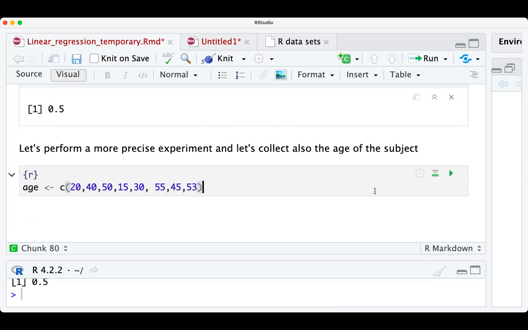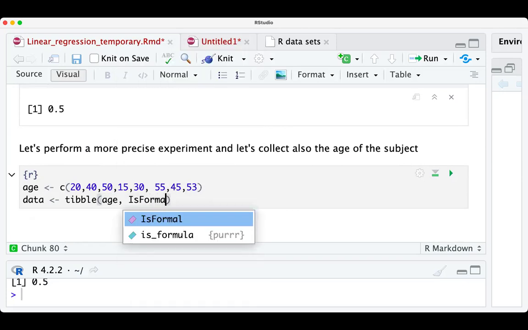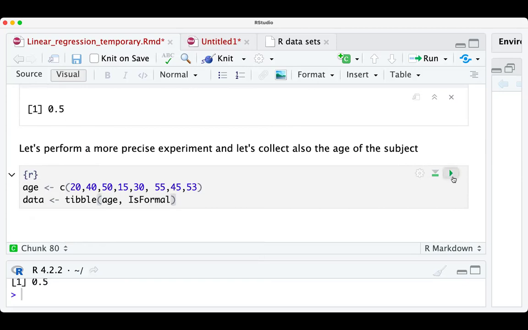Let's say this, and let's put it into a vector together with the observation of the form. And let's look at the data. So this could be like the output of your experiment.